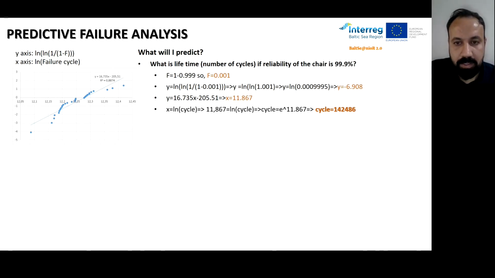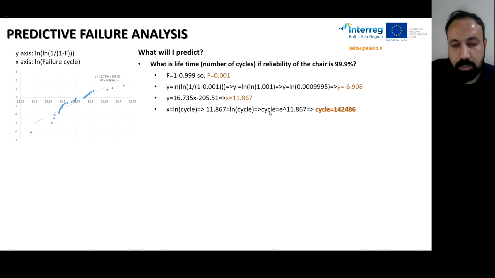So if I set up this equation, x equals the natural log of cycle, and I find x is 11.8, equal to the natural log of cycle. So I need to find that value.